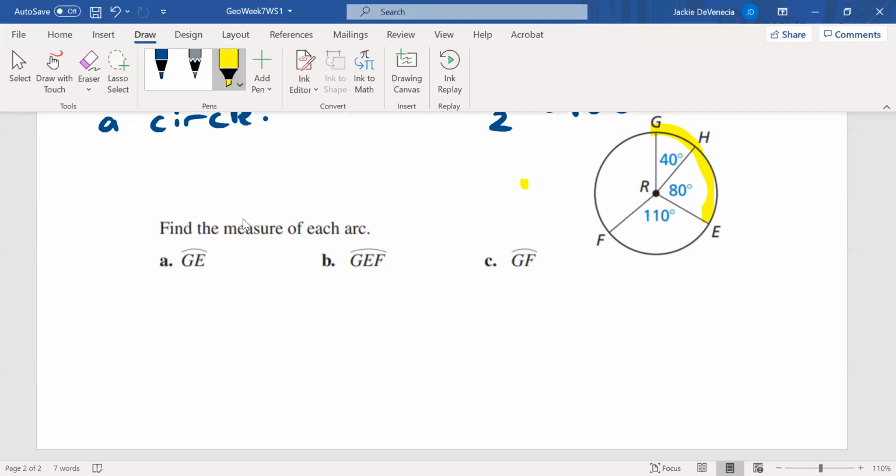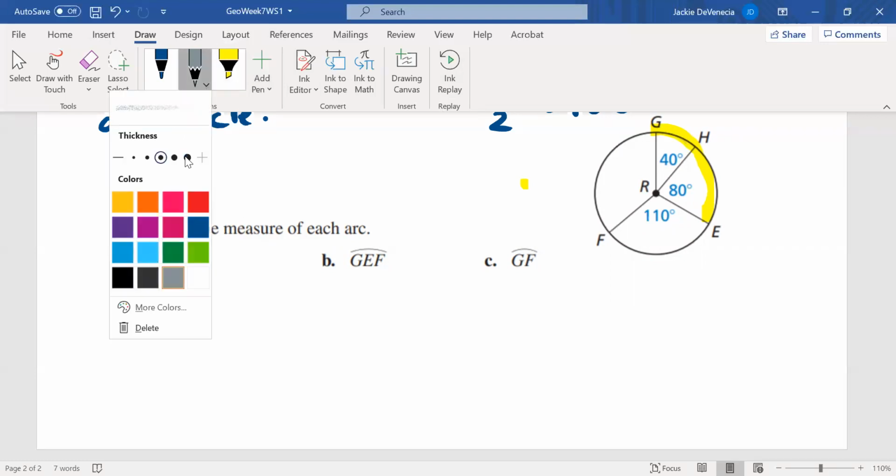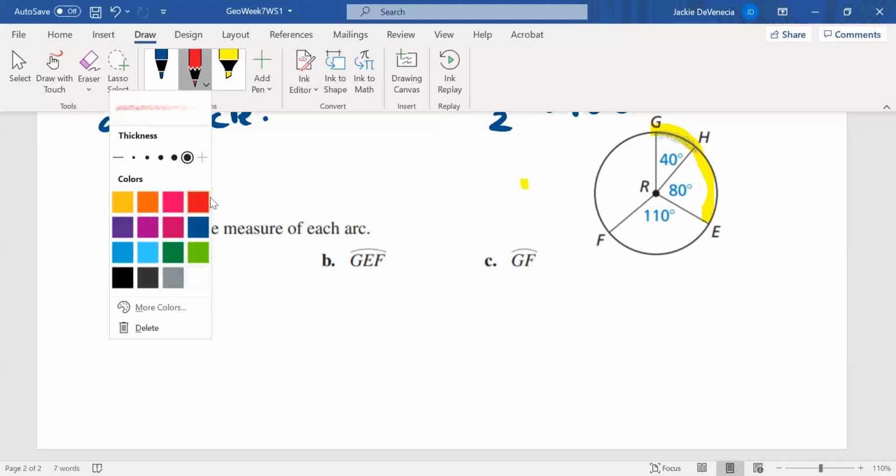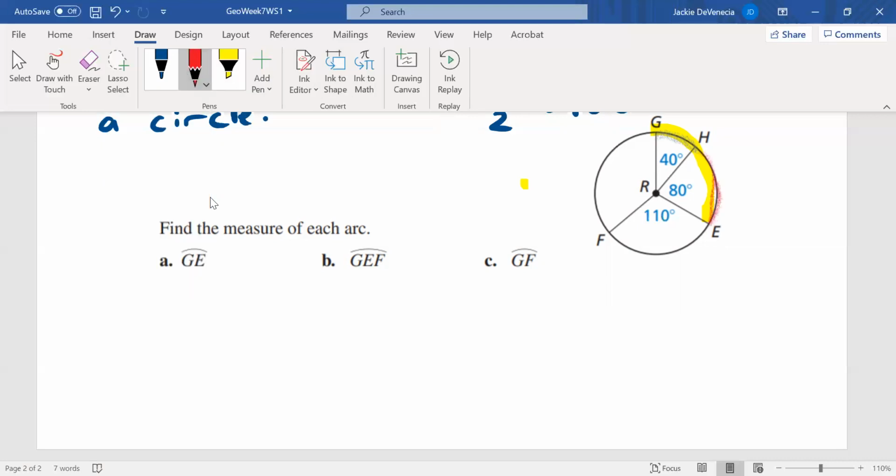Now, just looking at GE, I noticed that GE is made up of GH and also HE, and that they're next to each other.